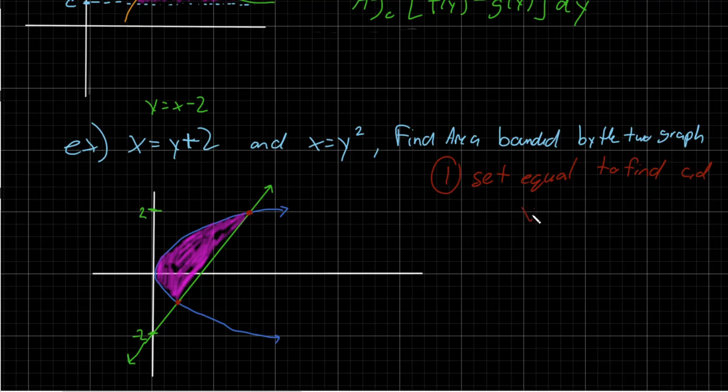I would do y plus 2 and y squared. They both equaled x. Okay, find my bounds.